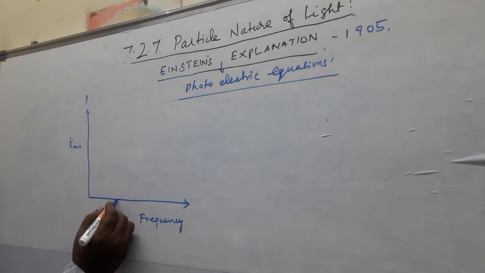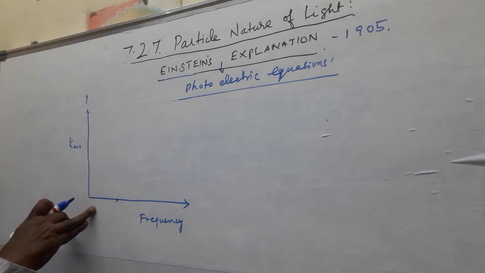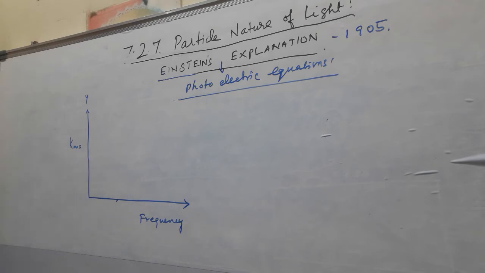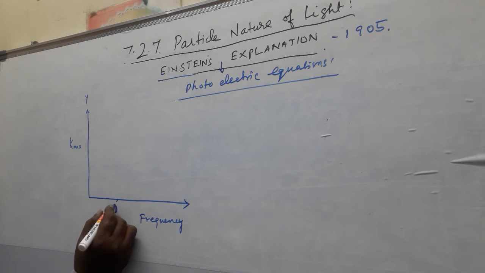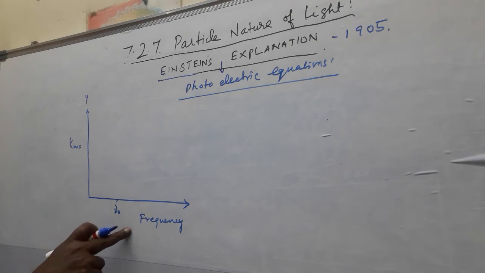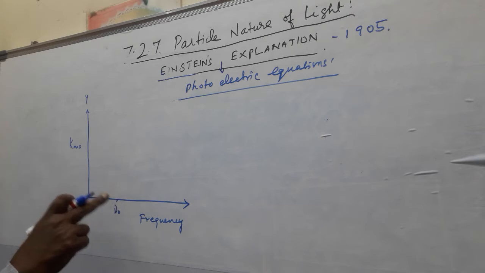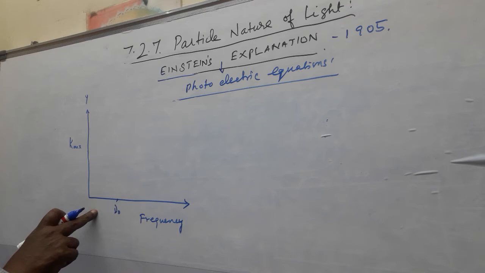With frequency less than the threshold frequency, there is no emission of electrons. We have already seen this by suitable experiments. So this is called nu naught. Only when the incident ray frequency is greater than nu naught is ejection of the electron from the metal possible.